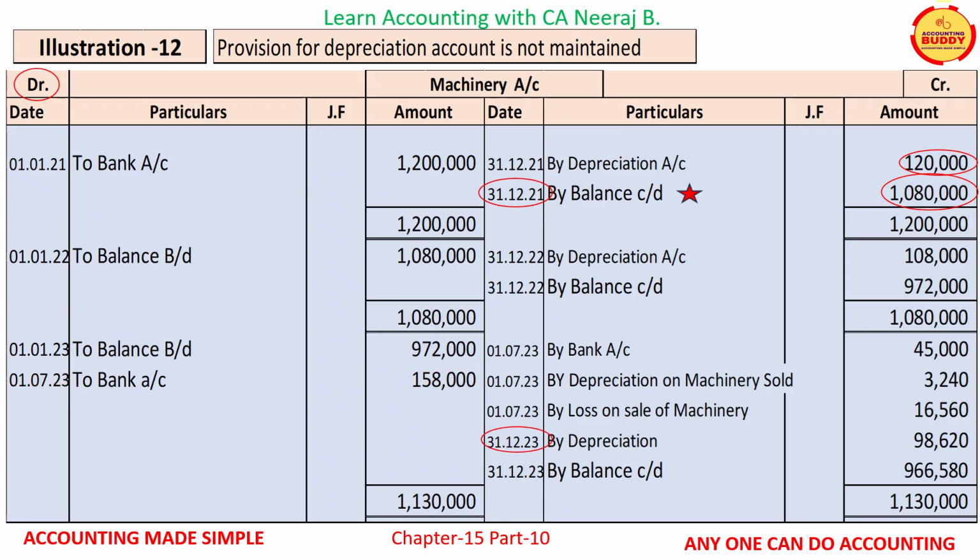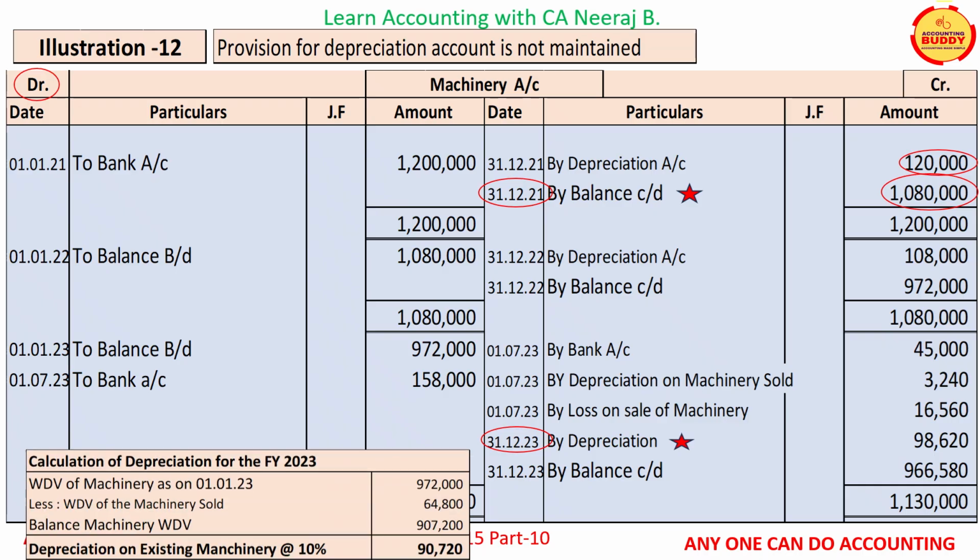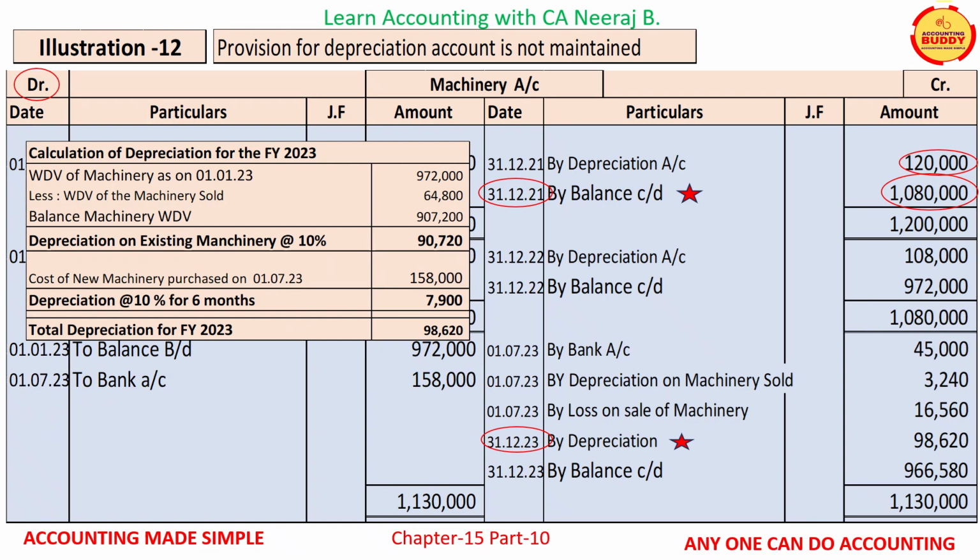On 31st December 2023, depreciation for the financial year 2023 is posted on the credit side of the machinery account by writing the words by depreciation account. The depreciation of the existing machinery, after reducing the WDV of $64,800 of the machinery sold, is charged on the balance WDV of $907,200 at the rate of 10% per annum, which amounts to $90,720.